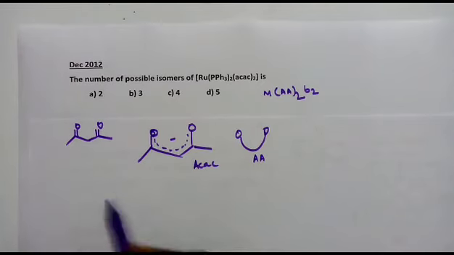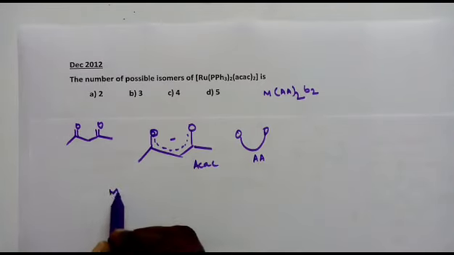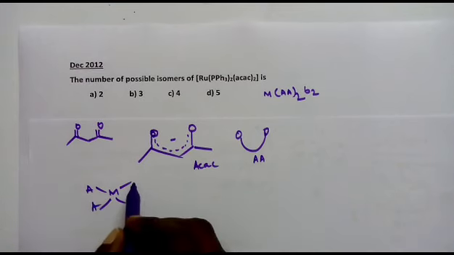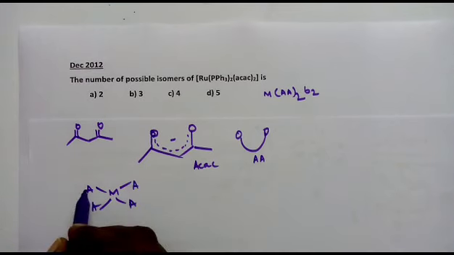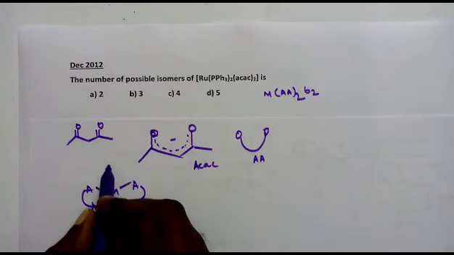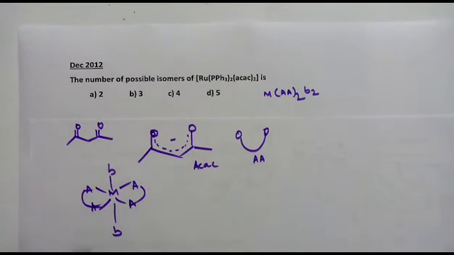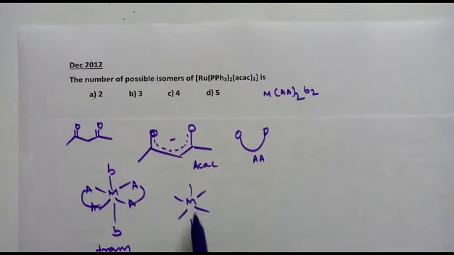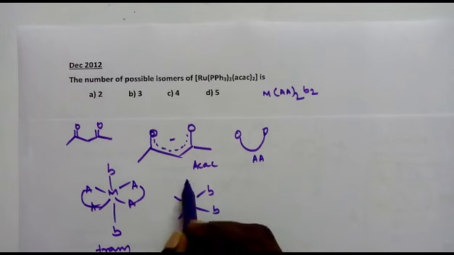We have one cis and the other is trans. M AA BB. This is the trans isomer and it is optically inactive. And we'll have the cis isomer, BB.